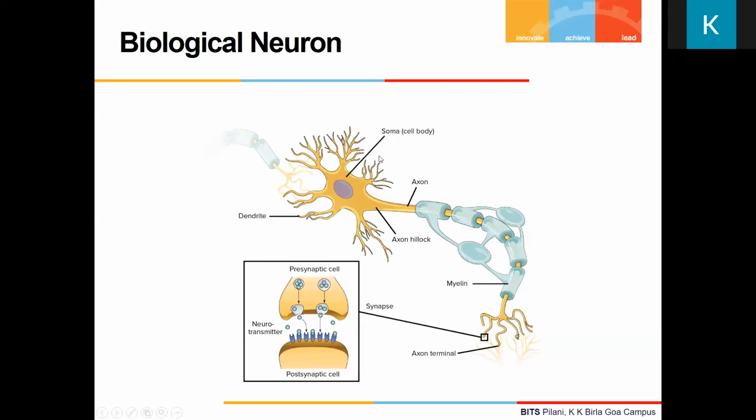Another idea from here is that each neuron somehow accumulates these voltages coming from its neighbors. So we need some kind of accumulation operation, so that we can accumulate the voltages. And only if that voltage is above a particular threshold value will it fire, meaning it will release some chemical.